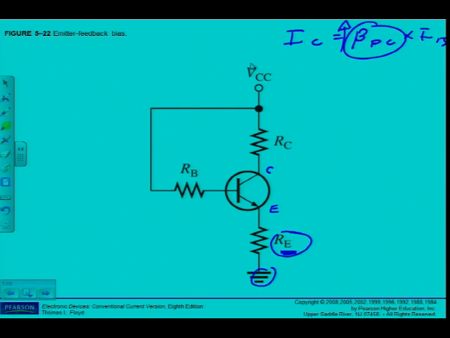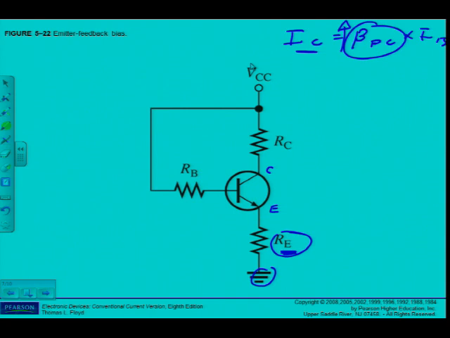If IC is going to increase, what's going to happen to the emitter voltage? V is equal to I times R, né? IC, we assume approximately the same as IE. So if IE also increases, that voltage is going to increase. Do you agree?